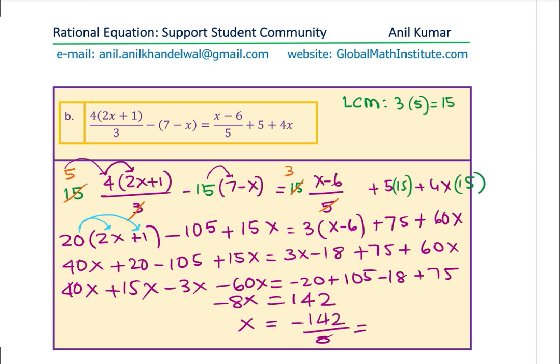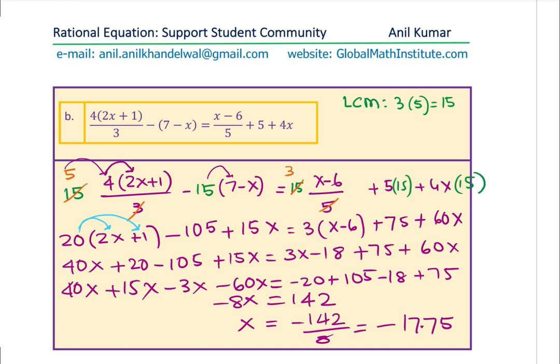Or in this case, you can just divide 142 by 8. Sometimes we need answers in decimals. So it gives us 17.75. Sometimes you may be required to write the answer rounded to some decimal place. Well, in this case, we have the decimal value of 17.75.